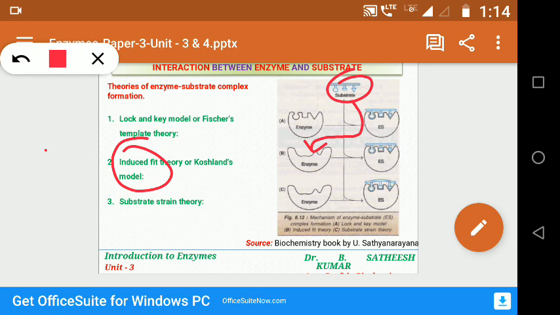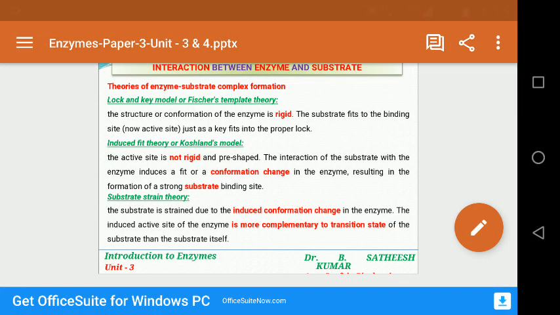So this explained several things, and it is in fact a very well accepted model when compared to the earlier model, that is the lock and key model.